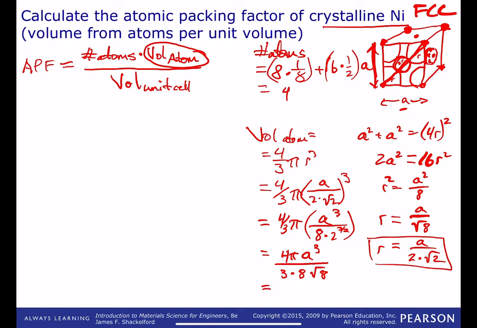The numerator 4 here from 4/3 can cancel the 8, provided we leave behind a 2. And we can end up with a more simplified version of this, ultimately, that is pi a cubed divided by 12 root 2.